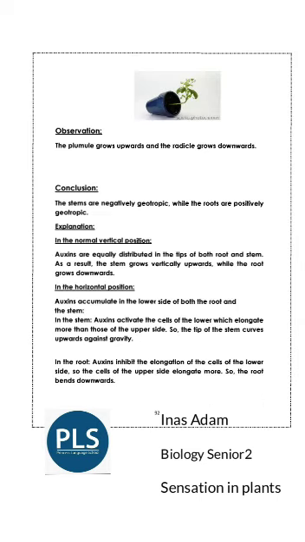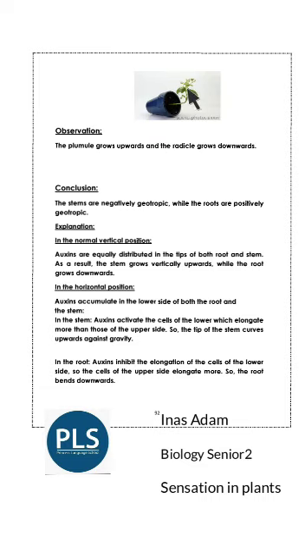Put a growing plant in a vertical position, so the root will grow downwards while the stem is growing upwards. Bring another growing plant and put it in a horizontal position and leave it for several days. The observation is that the stem tip curves upwards against gravity and the root curves with gravity and grows downwards.